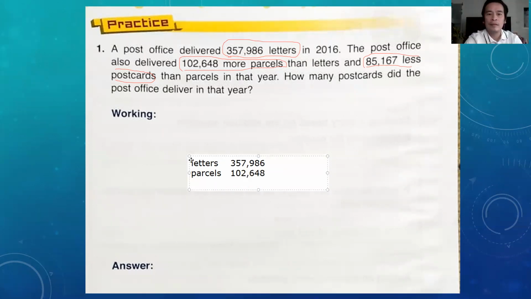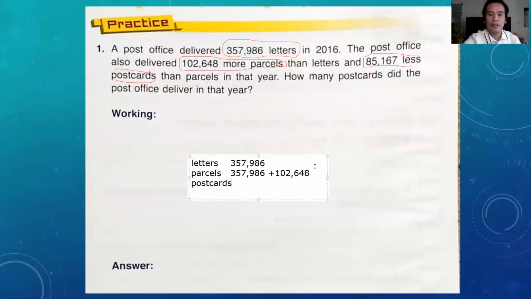102,648. And then this is more parcels. Look at the parcels, more parcels than letters. So you have to add, plus more. So this is plus 357,986. How about the postcards?